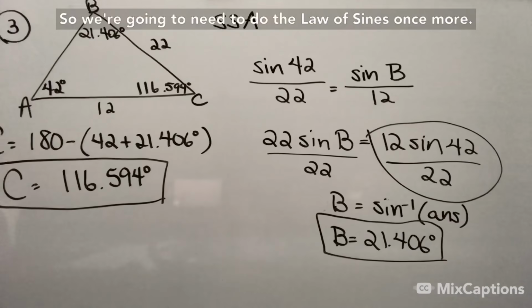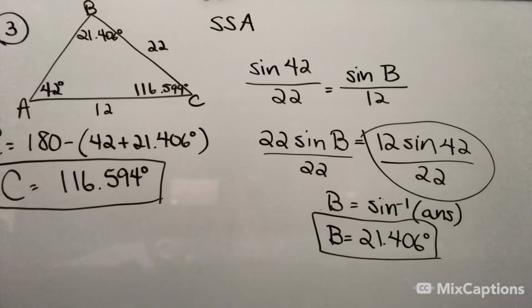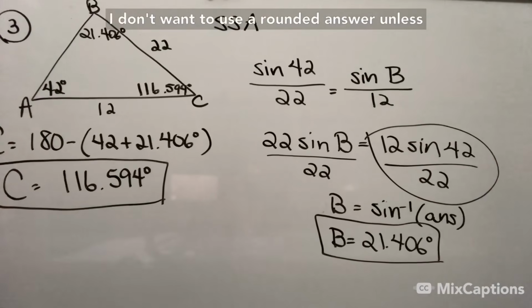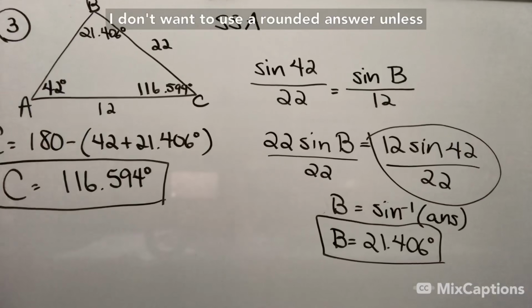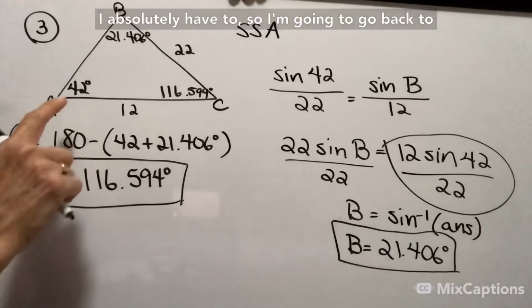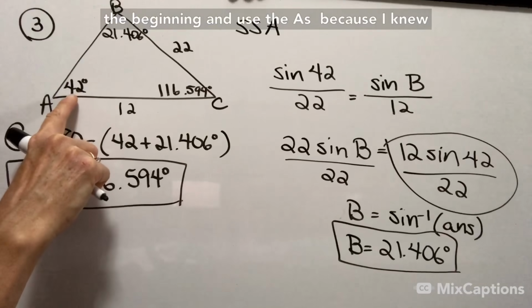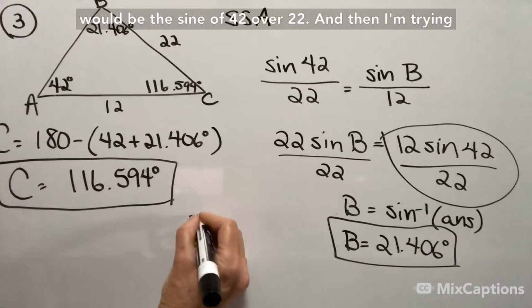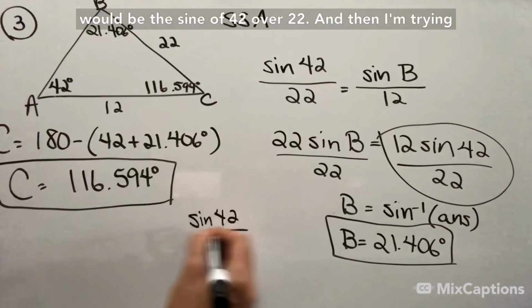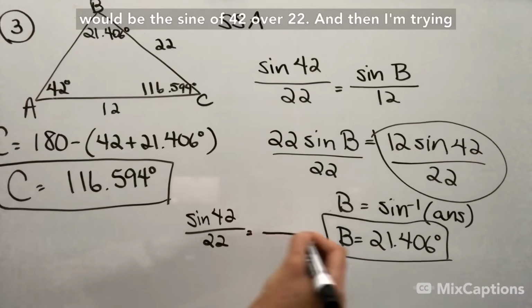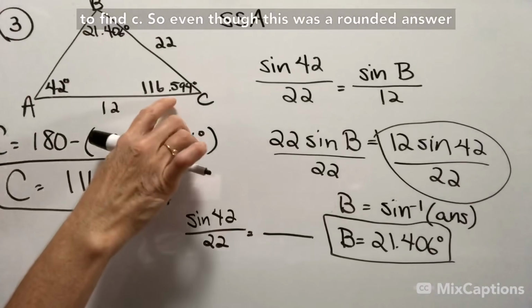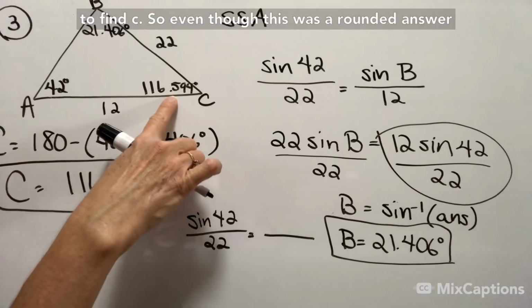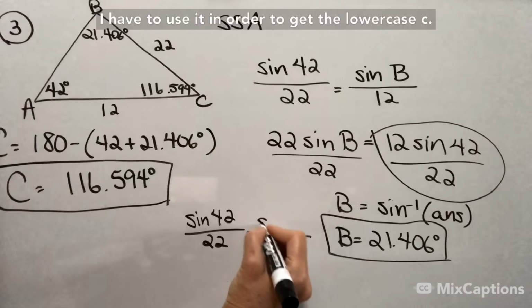So we have to find one more thing, and that would be the side C over here. So we're going to need to do the law of sines once more. I don't want to use a rounded answer unless I absolutely have to. So I'm going to go back to the beginning and use the A's because I knew for sure what they were at the beginning. So that would be the sine of 42 over 22. And then I'm trying to find C. So even though this was a rounded answer, I have to use it in order to get the lowercase c.